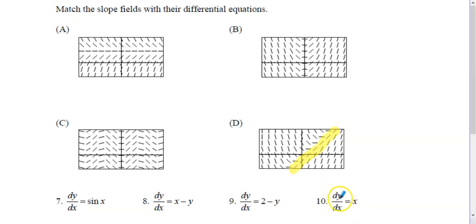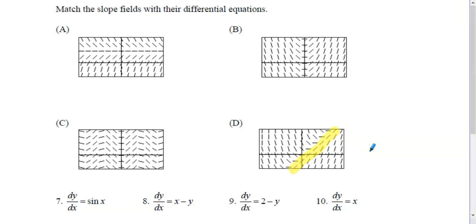I've seen people say, hey, dy/dx equals x. Yeah, that's a graph of y equals x, that's going to match up with it. That's not the case. We're not looking to match up the solution that fits into the slope field. We're looking to match up the differential equation that was used to build the slope field, not the other way around.